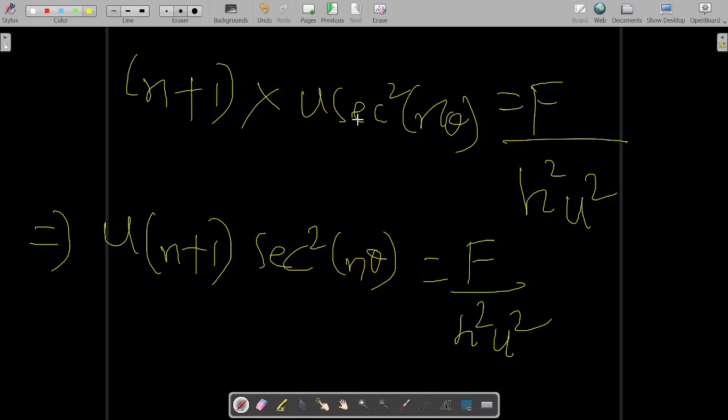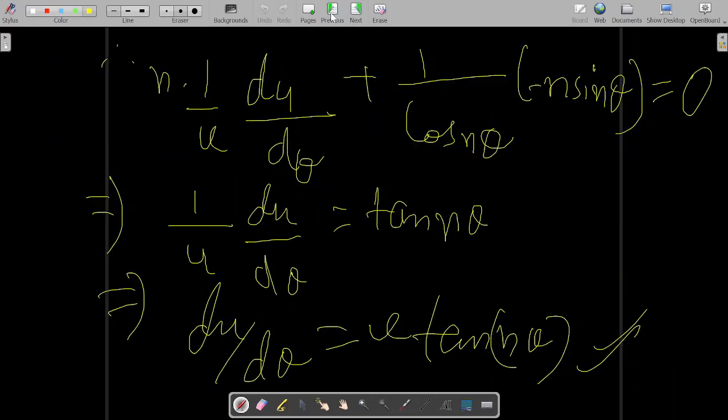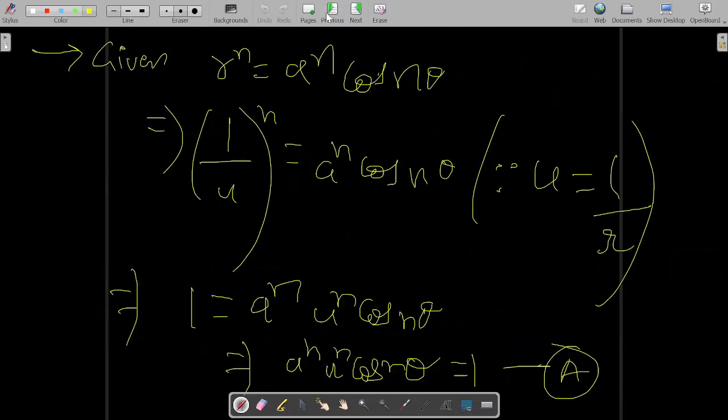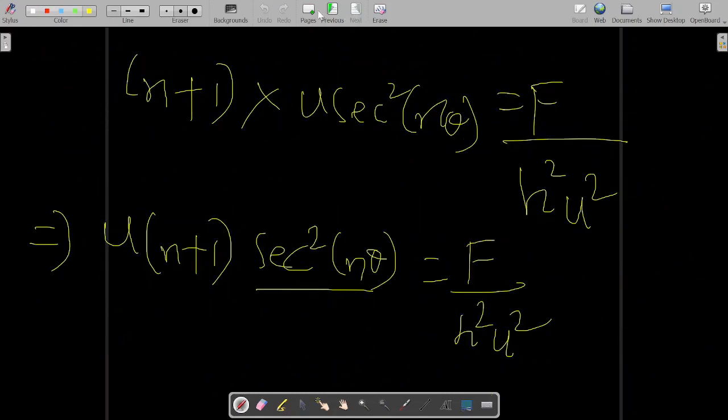Now let us go to equation number A. Have a look at this. This is your equation number A to the power n. So from here you can clearly see that sec nθ will be equal to a to the power n u to the power n. So substitute over here from equation A.